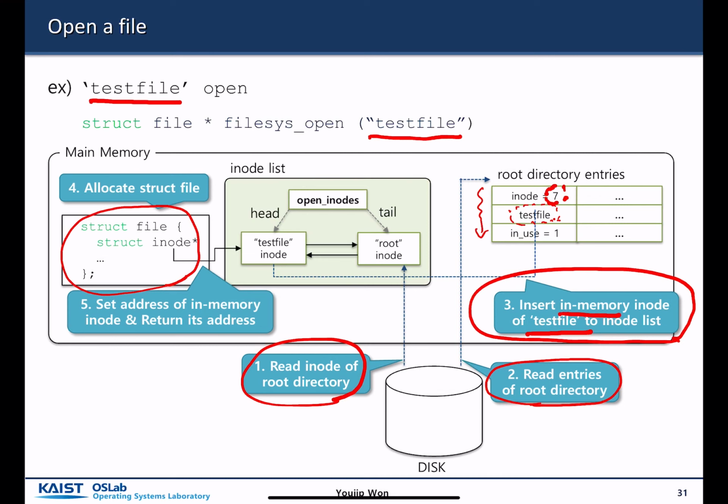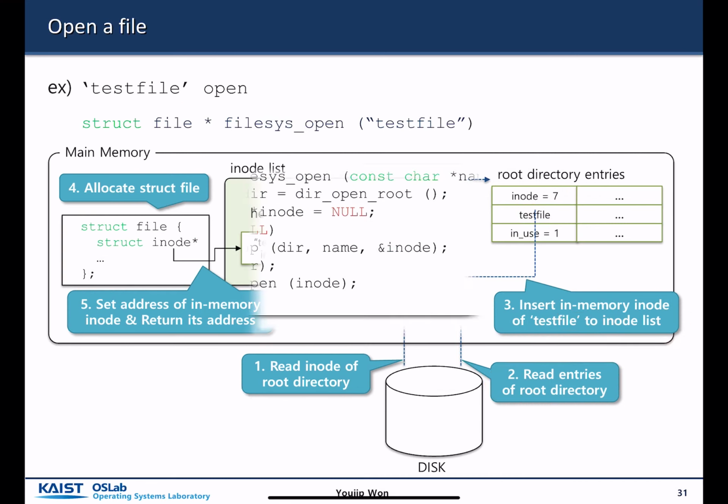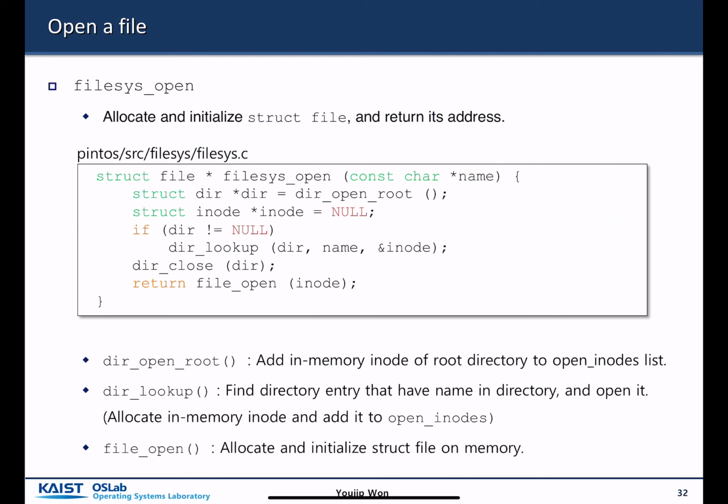In that case, you don't have to read it again or insert it again. This is the system call for opening a file. The most important task of opening a file is to allocate and initialize struct file and return its address.